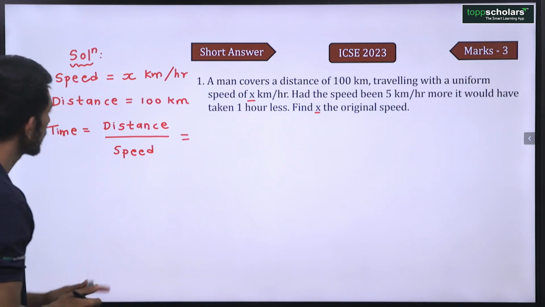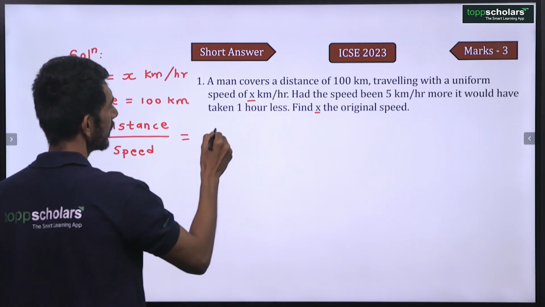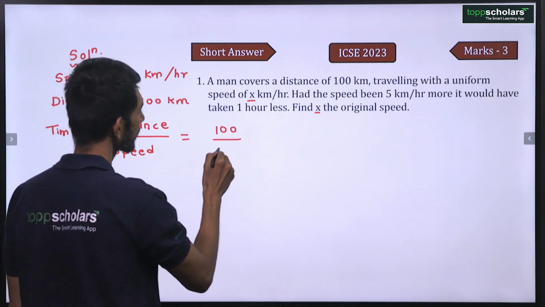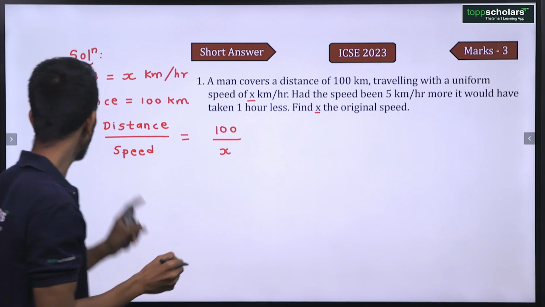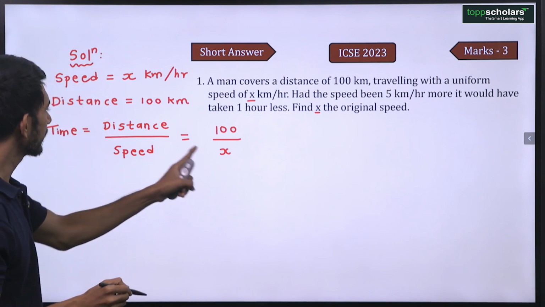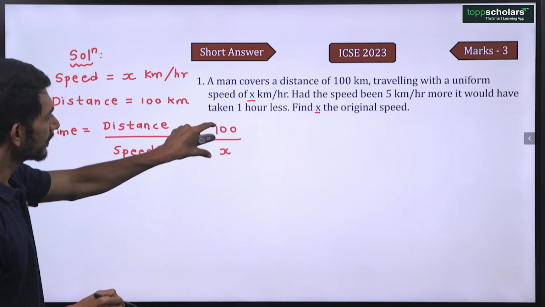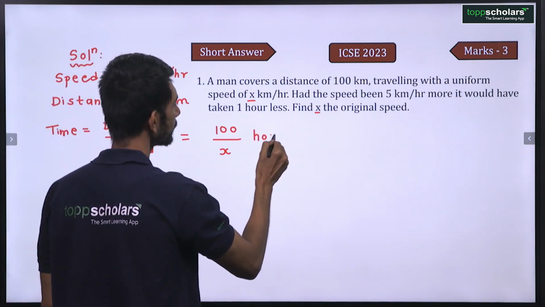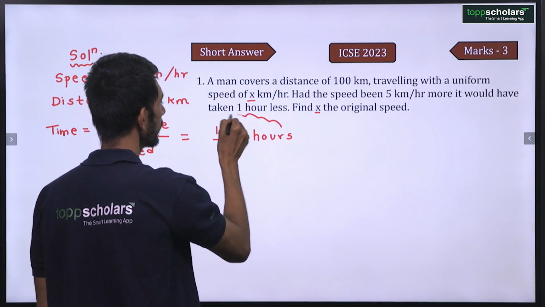Time is distance divided by speed. Distance is 100. Speed is x. So when the speed is x and the distance is 100, this is the time taken, 100 by x hours, correct?